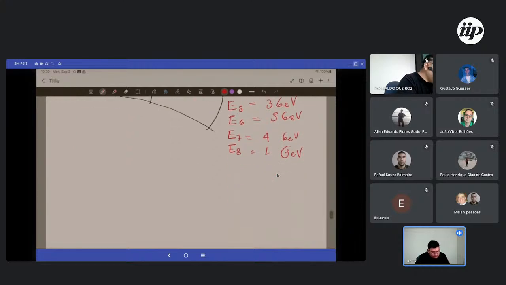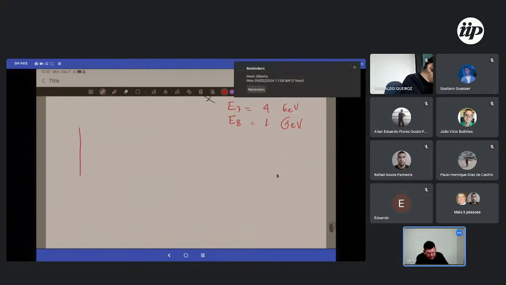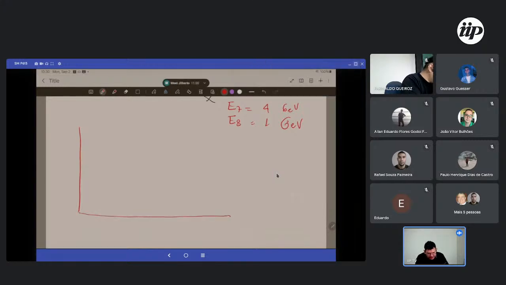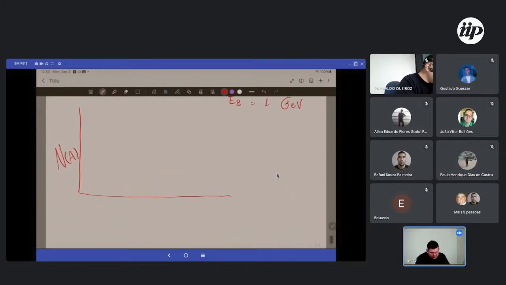For example, in the y-axis we have the number of events, n, number of photons, and in the x-axis we have, for example, the energy of the photons.